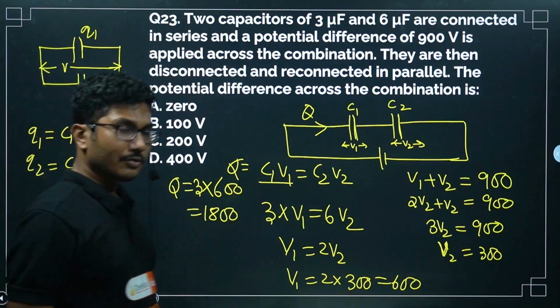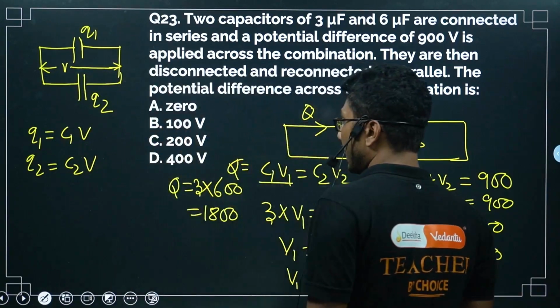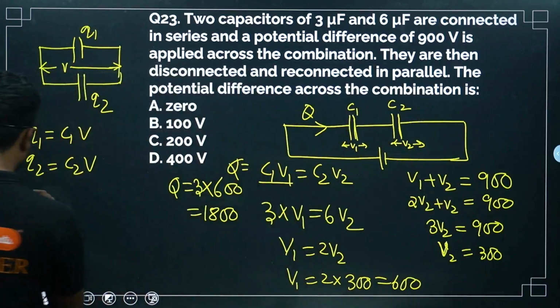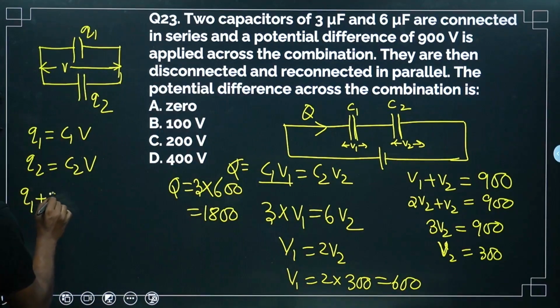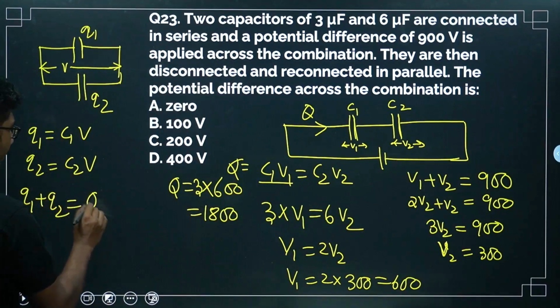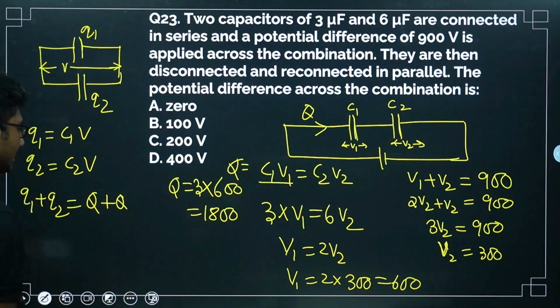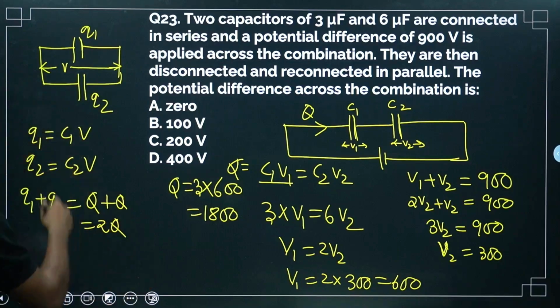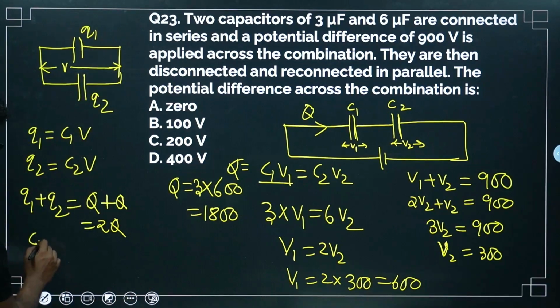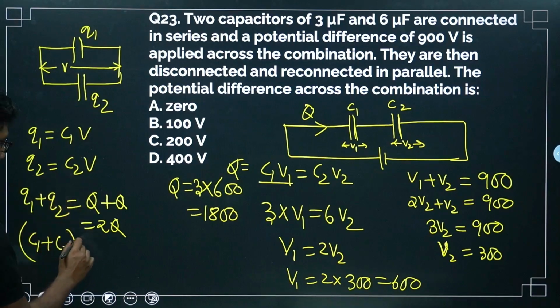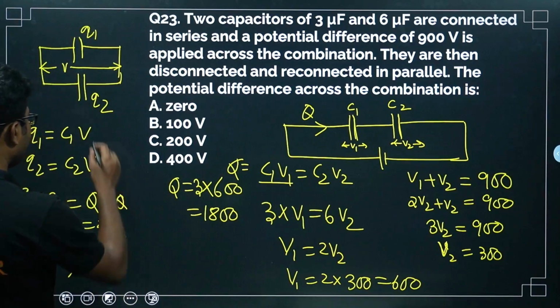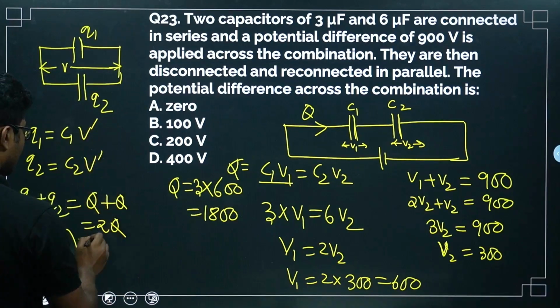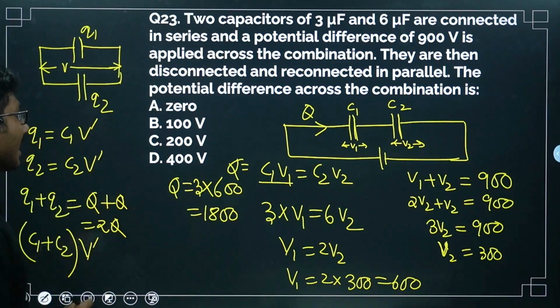We do not know the value of V in this case, but we do know that Q1 plus Q2 should equal the initial charge of the system, that is Q plus Q, that is 2Q. Now if you put the values, C1 plus C2 times V, and let's say this V is V dash. We are trying to find this V dash only.